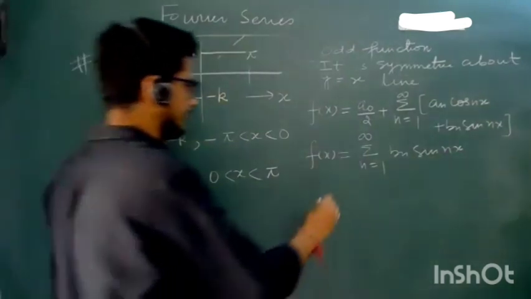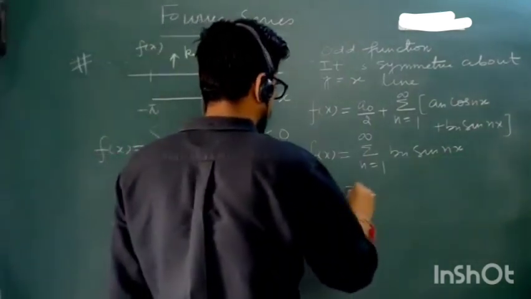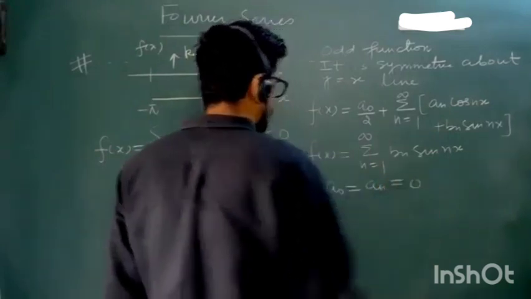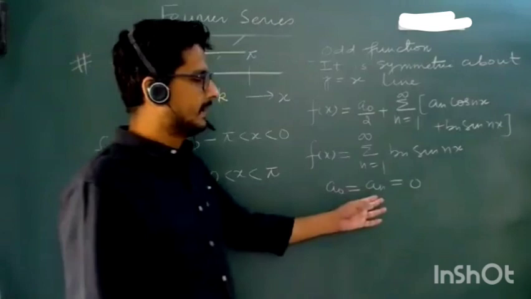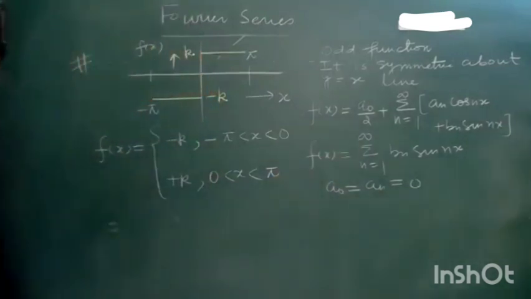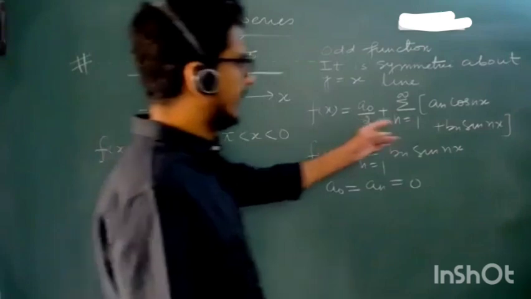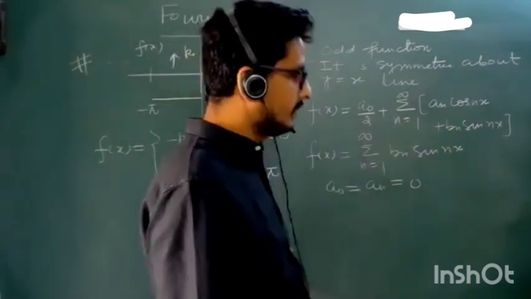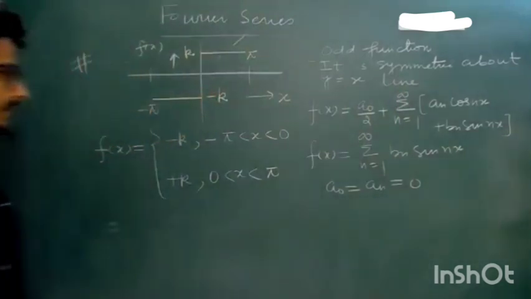Okay, so what will happen? a naught is equal to a n is equal to 0, because a naught can be written in the form of a n also. मैंने ना दो टाइप के फॉर्मूले बताए थे, correct? I mean I can write this inside also, by just taking n is equal to 0 to infinity, correct?